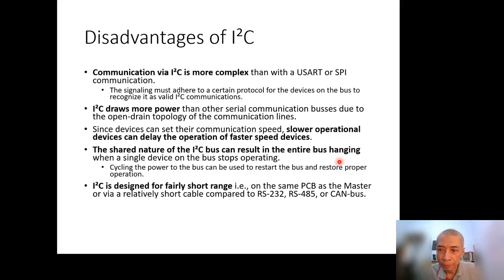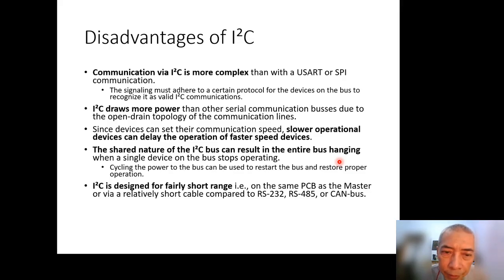Second, remember that I2C draws more power than other serial communication buses due to the open drain topology of the communication lines. So you need to place a pull-up resistor to make it work, but it always draws more power.